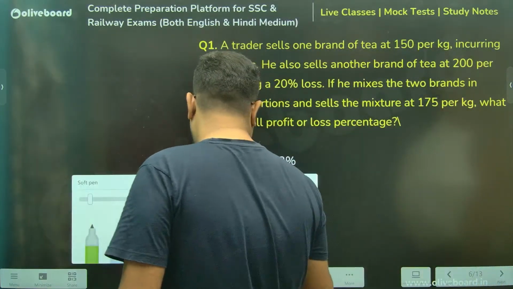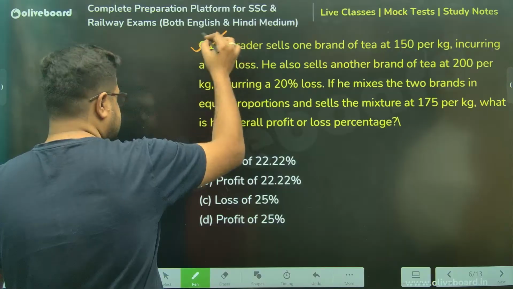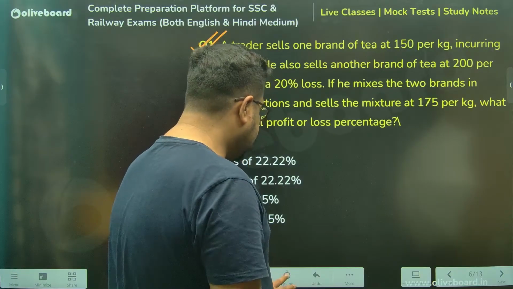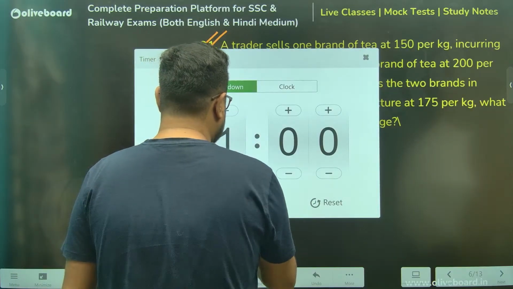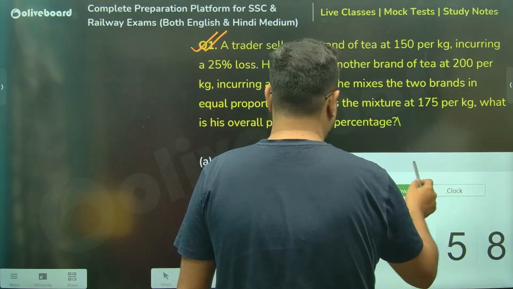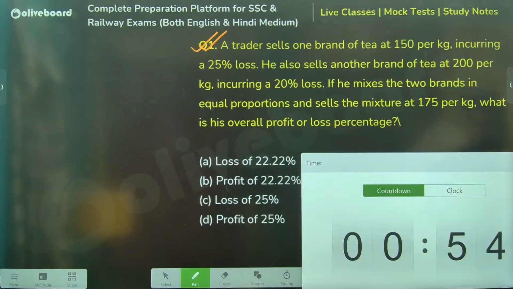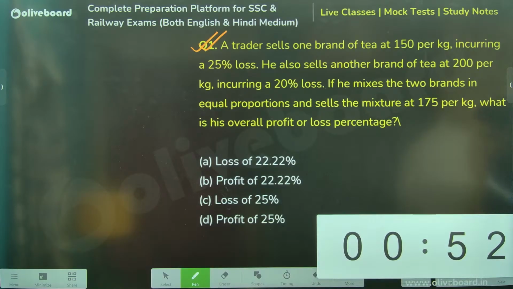This will be your first question of the day. I'll give you a minute's time to solve, then I'll help you guys. Everyone, please give it a try first.